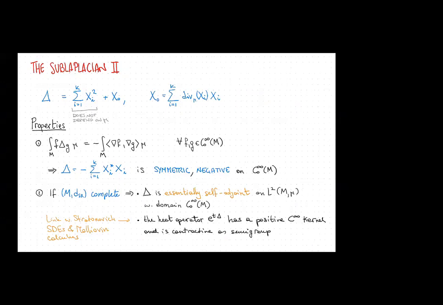They are symmetric, they are negative on compactly supported functions. So you can try to look at the completion, and then you will find that if you have a complete manifold, and in fact, thanks to a result of Strichartz, if you have a complete manifold, then you have an essentially self-adjoint operator on the L2 functions in your space. And then you can go and study it, find that there are nice properties, nice contraction properties of the semigroups. So actually you have an object that comes from a very complicated situation, but it is nice to study.